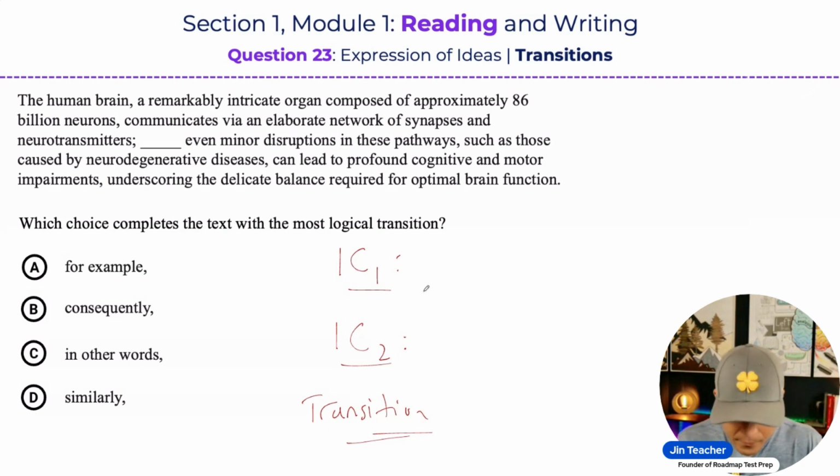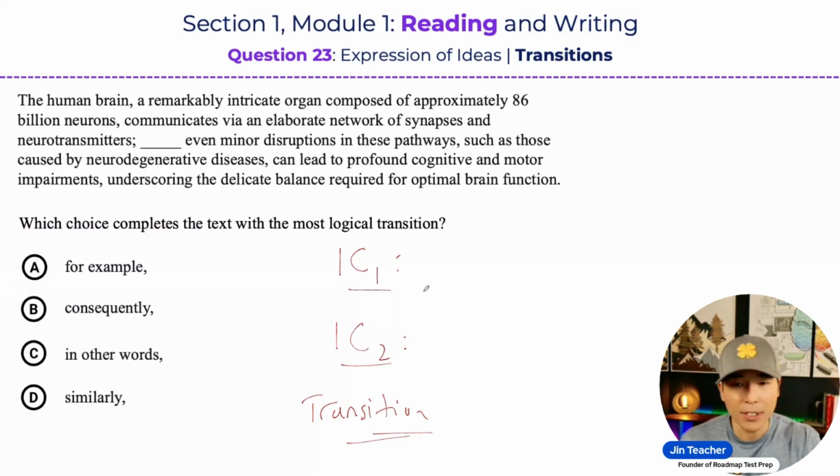If you guys have watched some of my other videos, you know that I'm a very strong proponent, I really love to look at my answer choices first before I read the passage. And that's no different here. It only takes less than a second to know that you're being tested on transition questions.